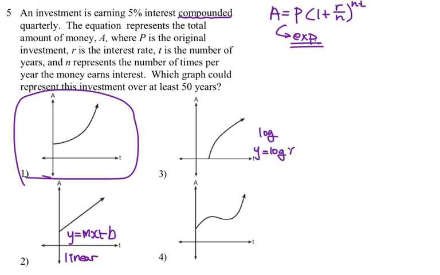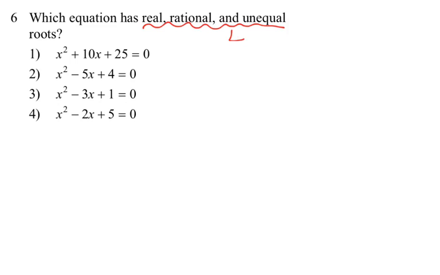As an example, it can be y equals log of x, or any other log function for that matter. Alright, so let's look at the next question, number 6. Now, real, rational, and unequal. That's right, we are looking at the discriminant, b squared minus 4ac. In this case, since the value has to be rational, that means the discriminant has to be a perfect square.